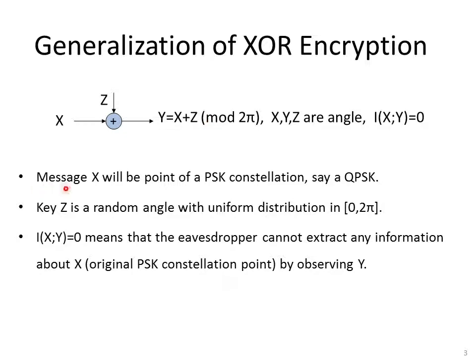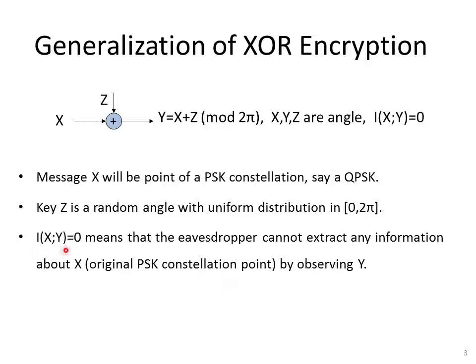As mentioned, the message X will be a point of a PSK constellation, for example QPSK. The key Z is a random angle with uniform distribution from 0 to 2π. So we have a set of IID phases uniformly distributed between 0 and 2π.